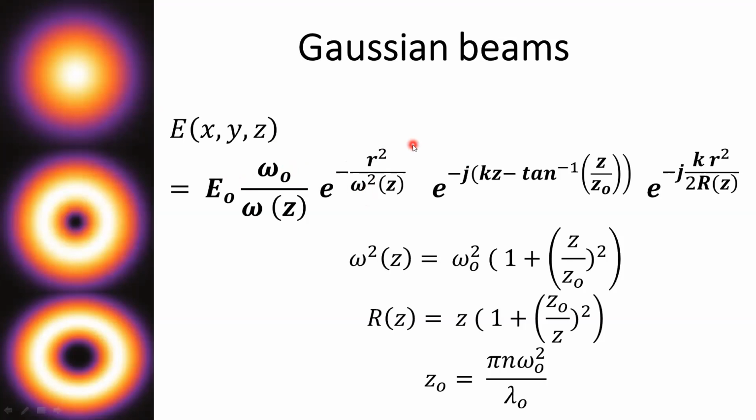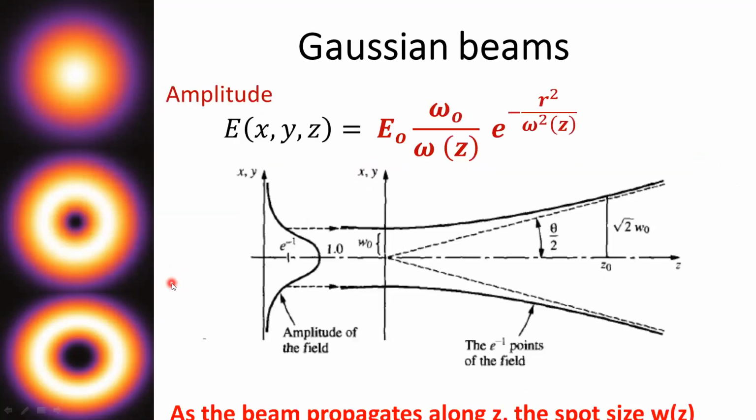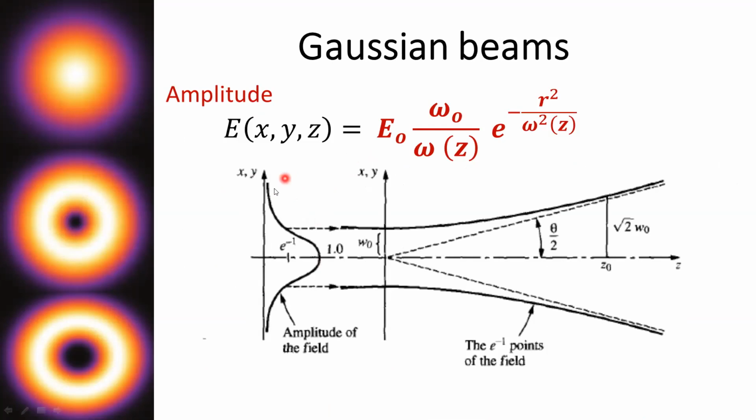To plot this equation, it's a very easy exponential equation. If r equals 0, you will have e power 0, which equals 1, so E equals E node. If r equals infinity, then you will have e power negative infinity, which equals 0, so the electrical field will be totally 0. So if I plot this equation, please recognize only this curve. Here you have the r-axis, the transverse, and here you have the electrical field axis.